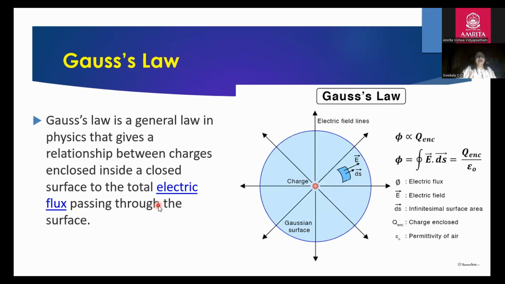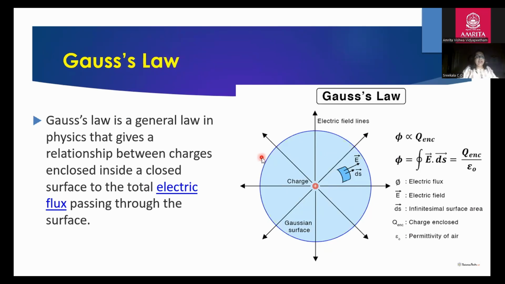Now comes Gauss law. Gauss law gives the relation between charge and electric flux. Here Gauss assumed a Gaussian surface. A Gaussian surface is an imaginary surface around a charge. You can imagine any surface, but it should be closed.